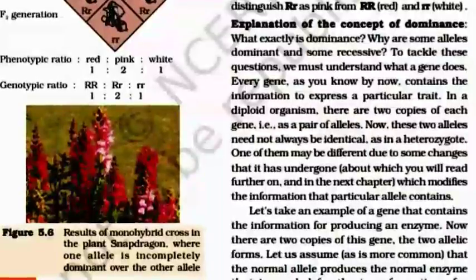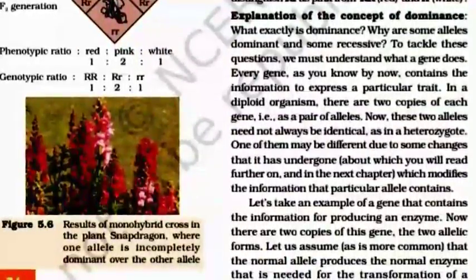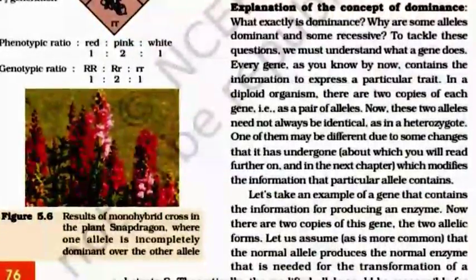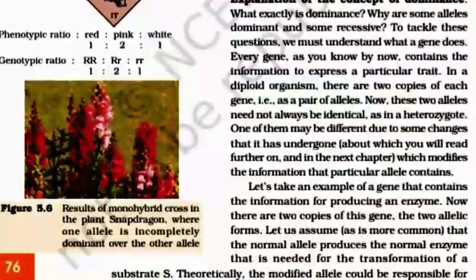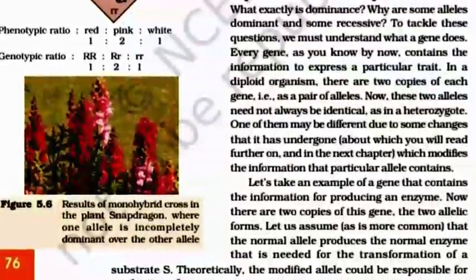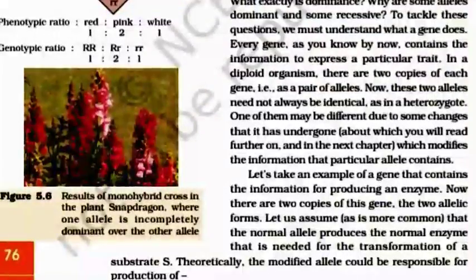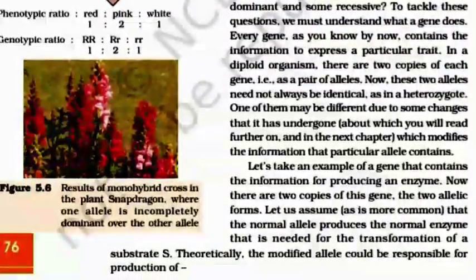Now, these two alleles need not always be identical, as in a heterozygote. One of them may be different due to some changes that it has undergone, about which you will read further on in the next chapter, which modifies the information that particular allele contains.